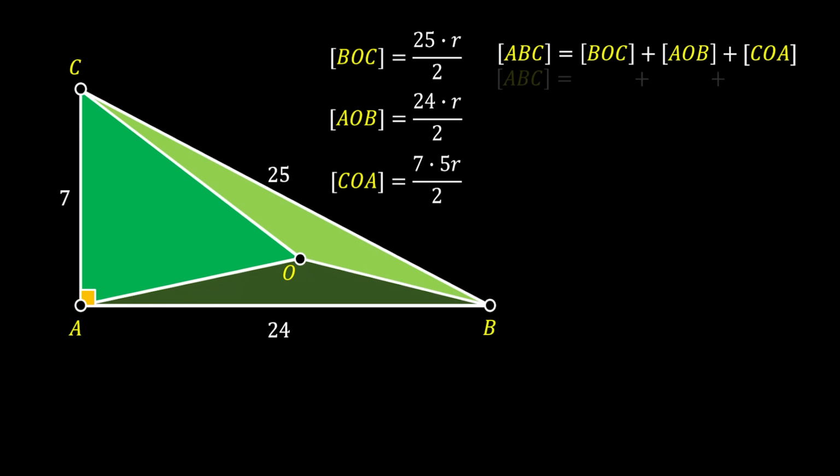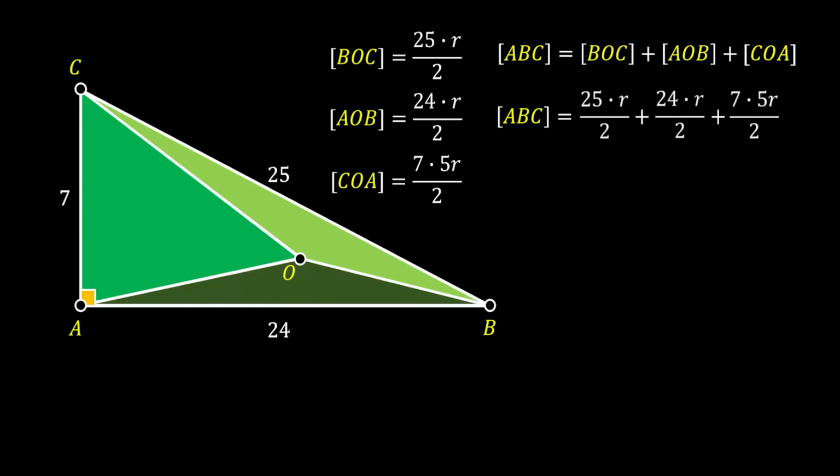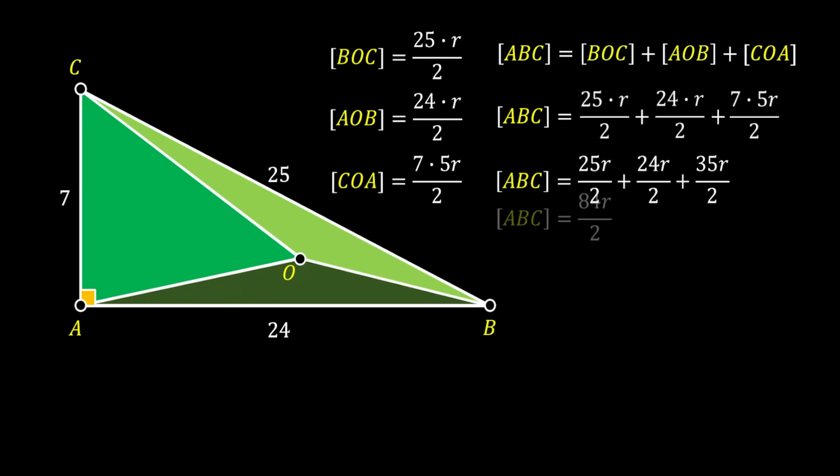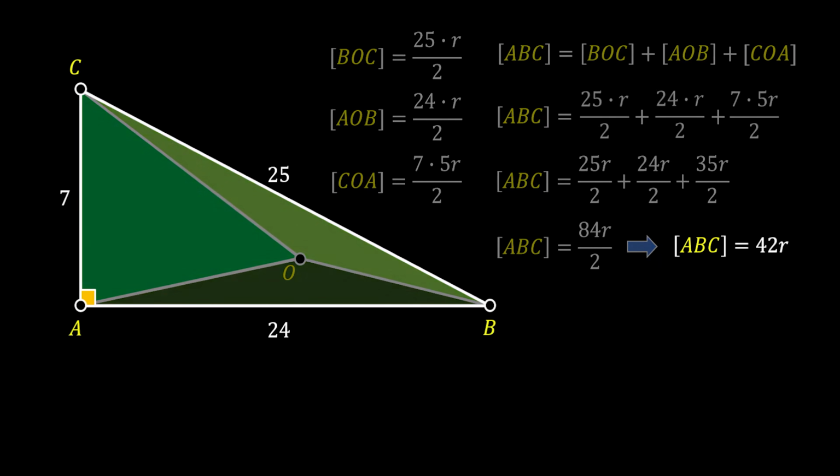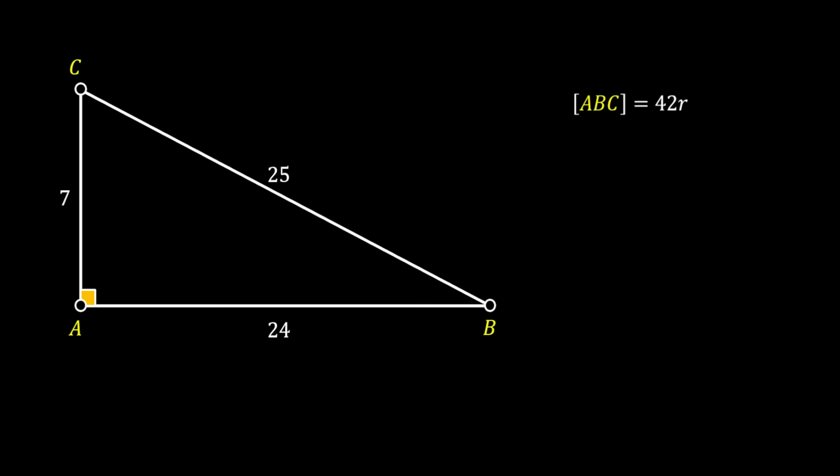But since we already got the areas of those three triangles, we can just implement them into our formula. Now we can work through this, and you can notice that all three fractions have the same denominator, so we can add them up. And finally, after simplification, we will get that the area of the triangle ABC equals 42r.